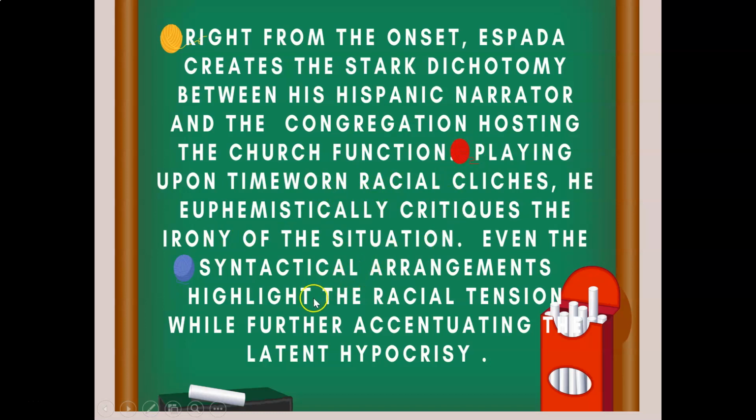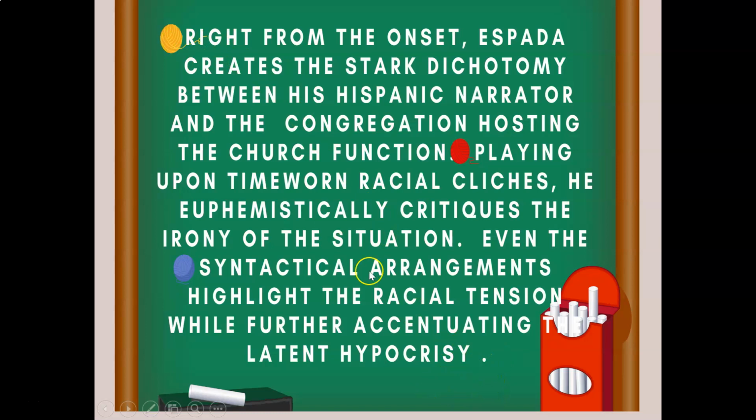Even the syntactical arrangements highlight the racial tension while further accentuating the latent hypocrisy. So syntax is blue. The fourth sentence begins the second premise. Since we talked about the dichotomy first, we should talk about the dichotomy first in the second premise. So it's literally a 1, 2, 3 in the 1, 2, 3 of the second premise.